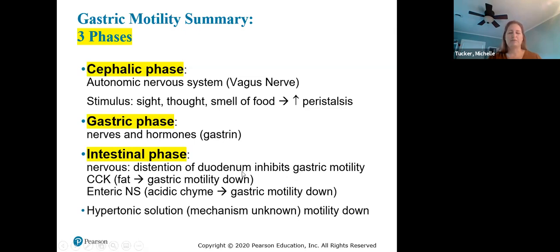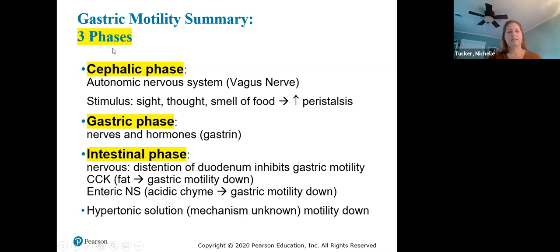We'll review this when we get to secretions, but when this duodenum portion of the small intestine gets distended, a hormone called secretin is released, and it's going to inhibit the gastric activities. And if there is a high fat content in the chyme, cholecystokinin will be released to slow down motility because it takes longer to digest fat.